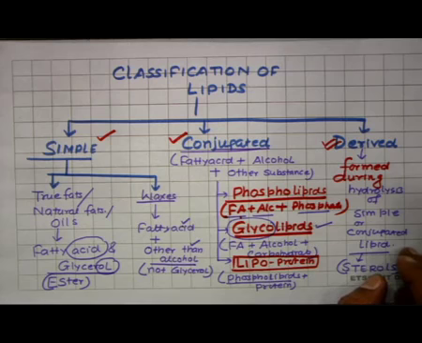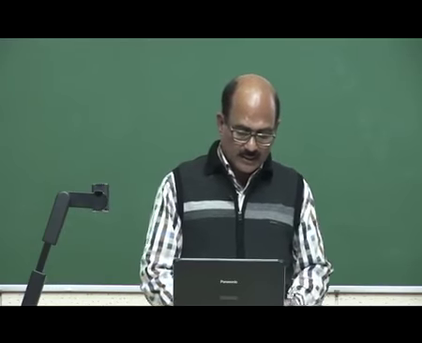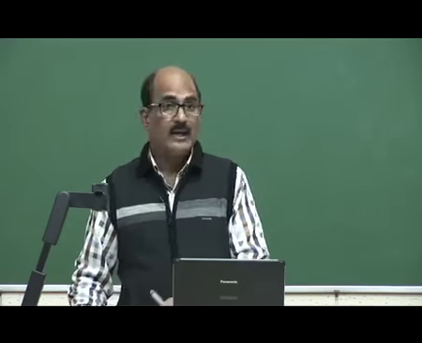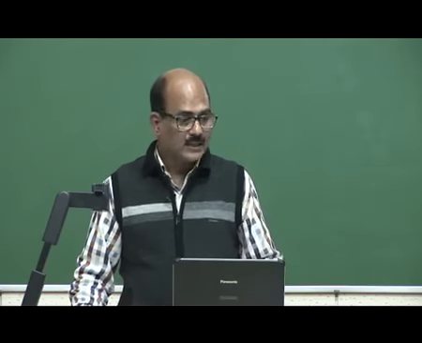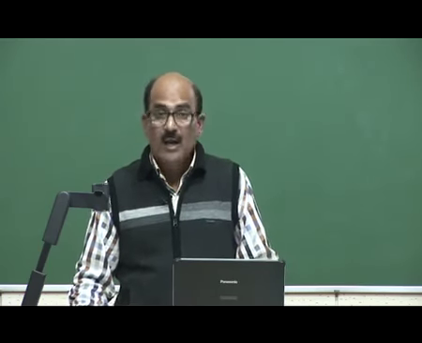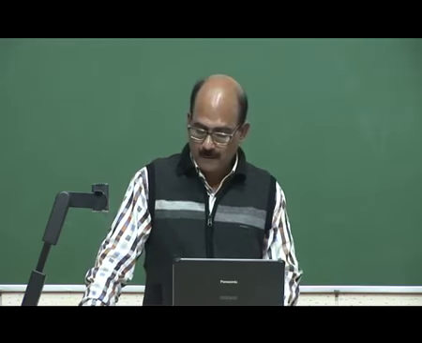Now, how are these lipids formed from the fatty acid and glycerol? Simply we can define fats as the ester of glycerol and fatty acid, that means triglyceride. How are these triglycerides formed and the ester bond formed?